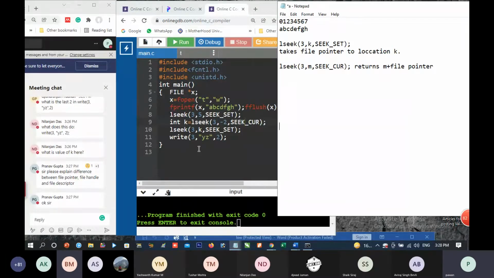Now, we further proceed. Now, make a file and write in that file.